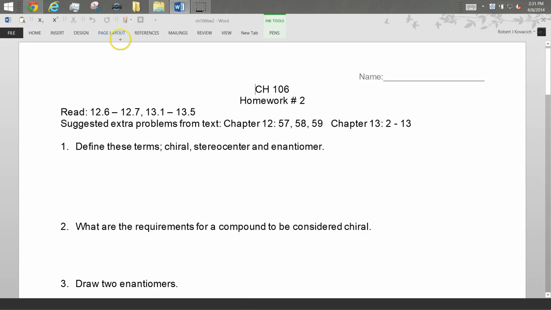Chiral. What do you got for chiral? Mirror image, or it's a carbon that is a stereocenter. Okay. It's a carbon or molecule with a stereocenter.